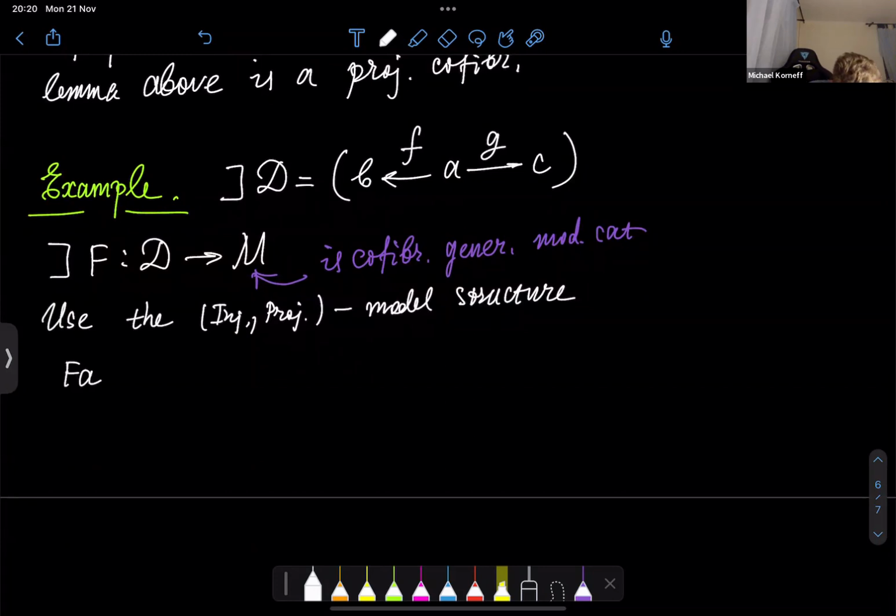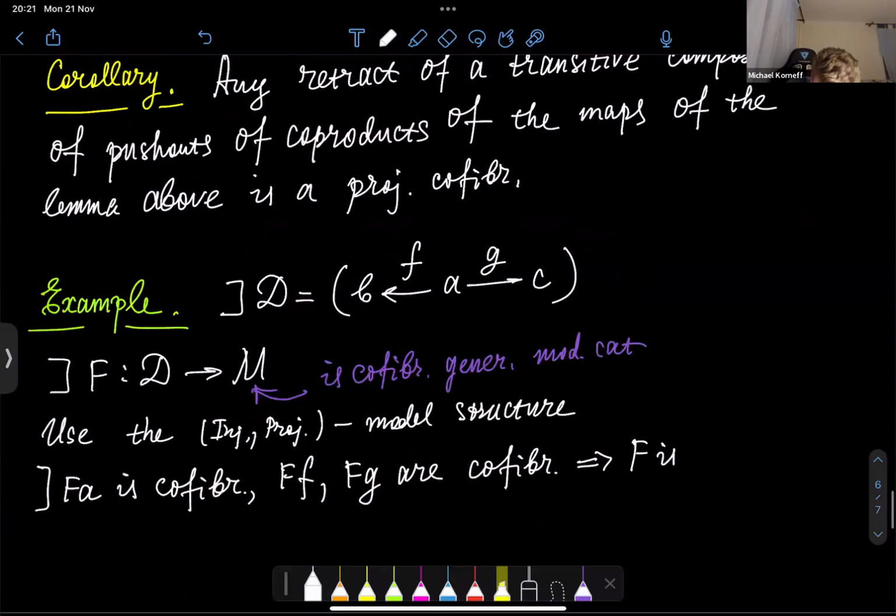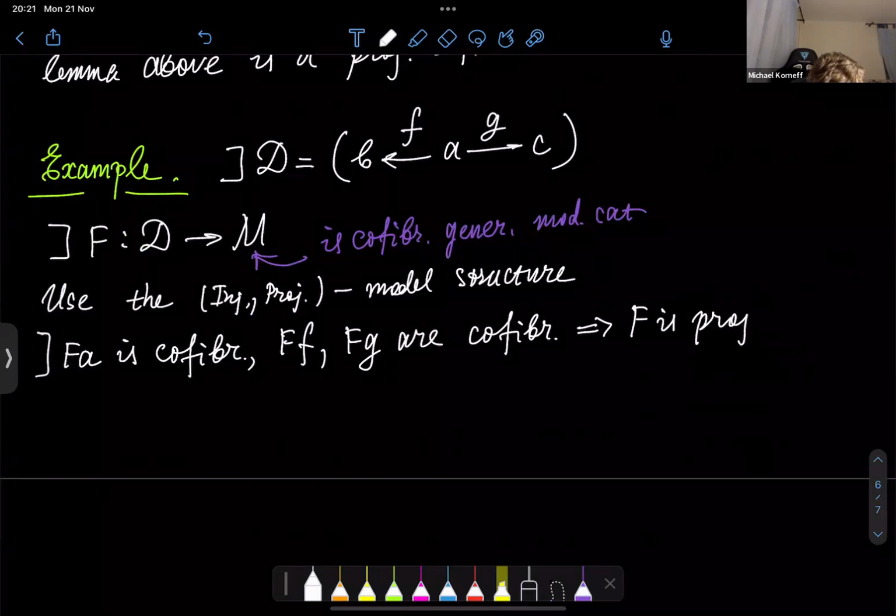that FA is cofibrant, F of f and F of g are cofibrations, then we will prove that F is projective cofibrant.